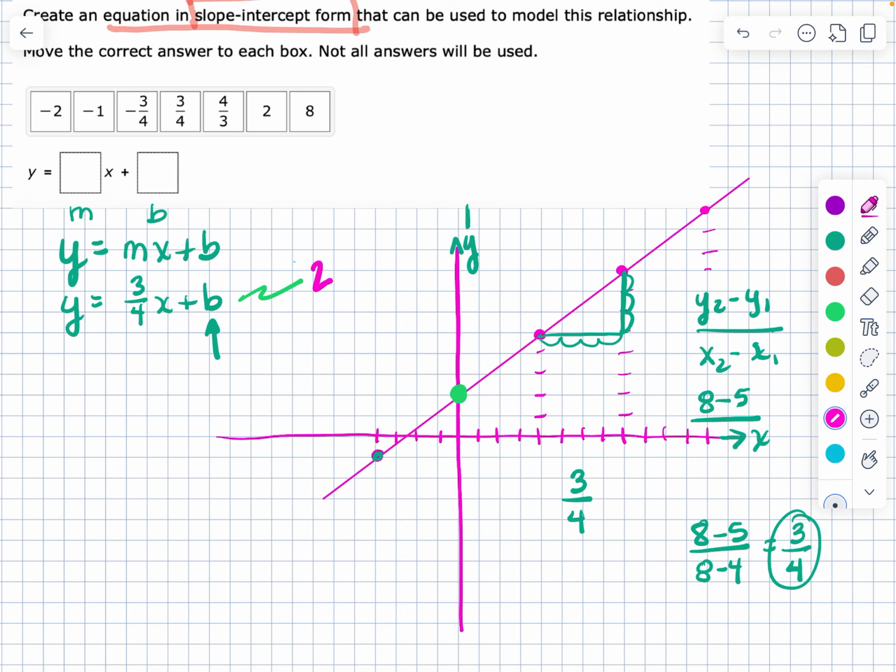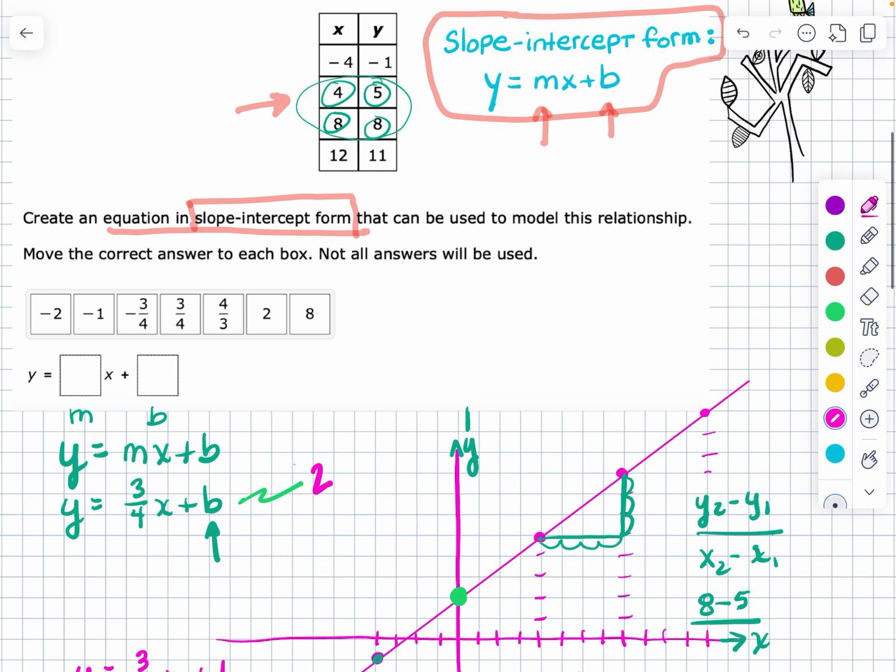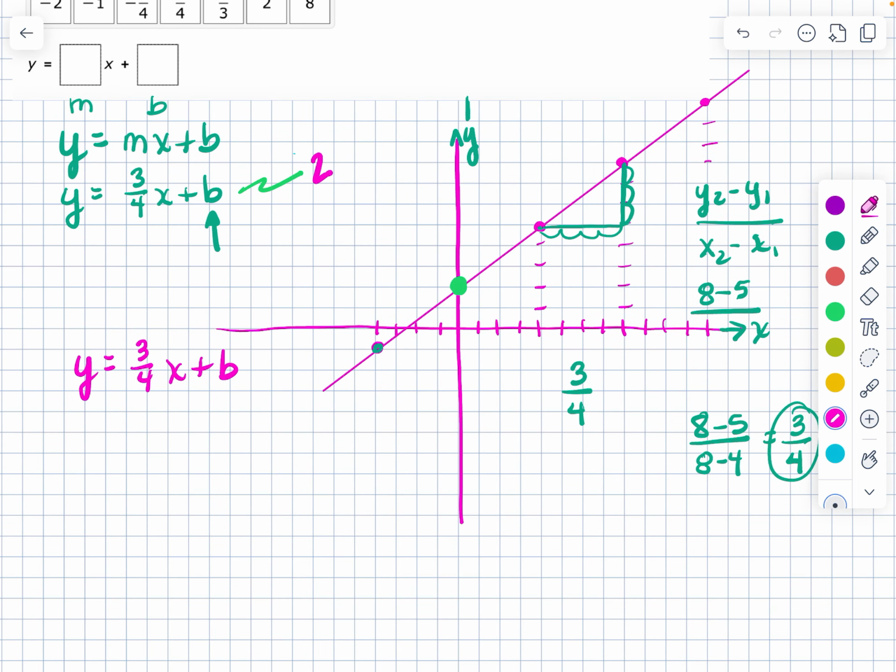Another way to find it is I can take this formula that we have so far and plug in an x and a y that they've already given us. So let's plug in (4, 5), because it looks like the easiest one to do. So 4 is my x value and 5 is my y.